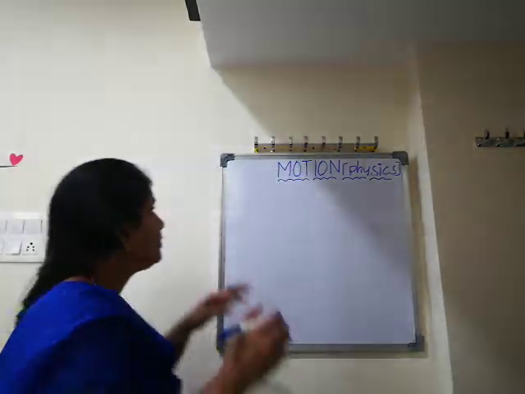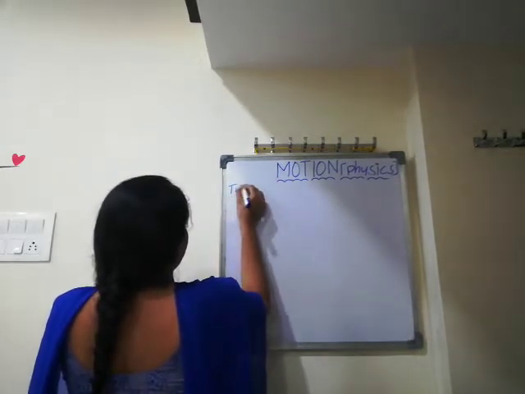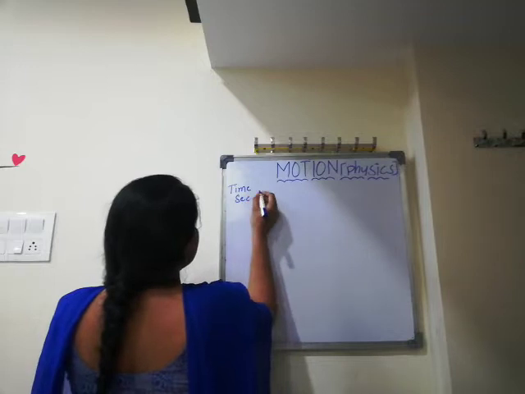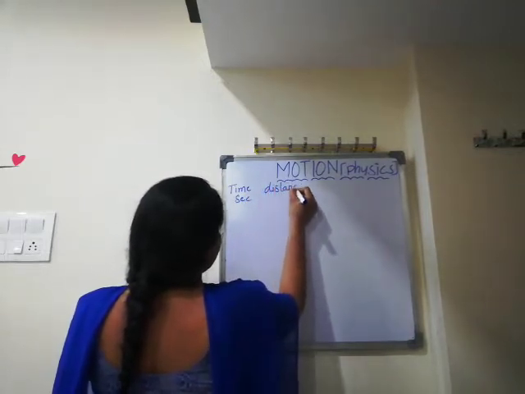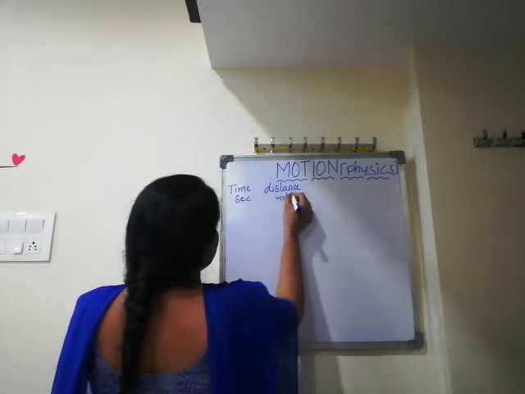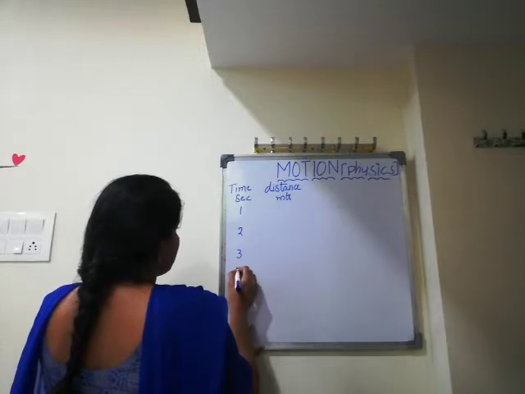Now I am taking the time in seconds and the distance of that object in meters. This example we discussed in the last class.